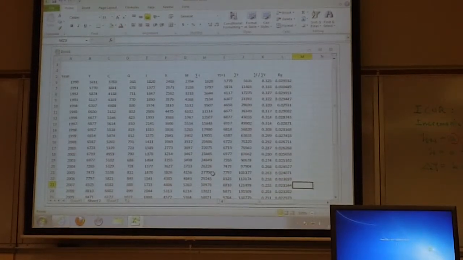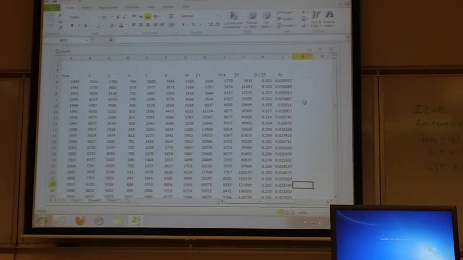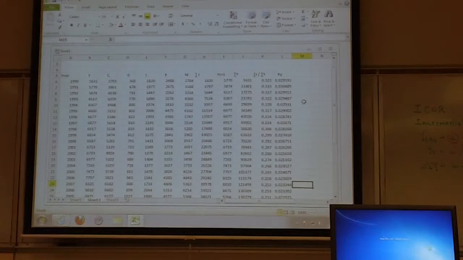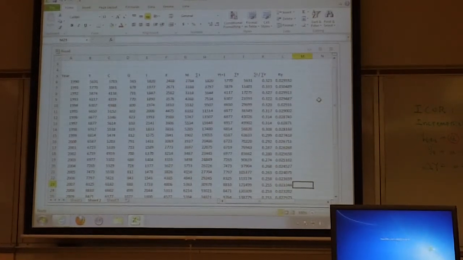Now the next question was, how do we project into the future? In order to project into the future with the Harrod-Domar, we need that I over Y. We have to have some reasonable assumption about I over Y. Now one way to look at it is, instead of just computing I over Y, to look at the cumulative effect of I over Y. The reason why we look at the cum is because when you make an investment in a country, you don't necessarily get the return on investment the same year.